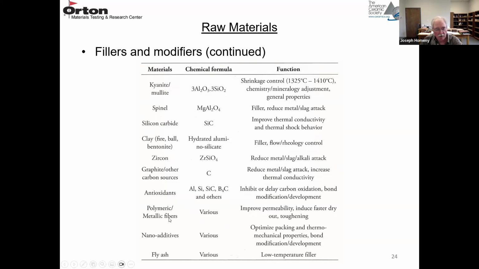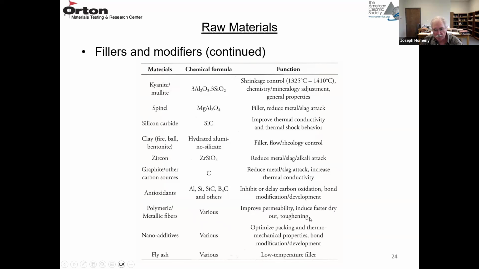Polymer fibers and metal fibers. Polymer fibers are added to burn out and improve permeability. Allows water to be removed through the steam during dry out. Metal fibers are added to toughen the material.